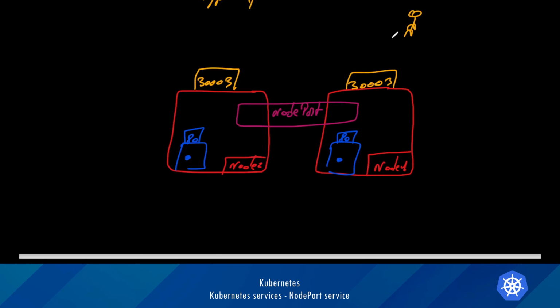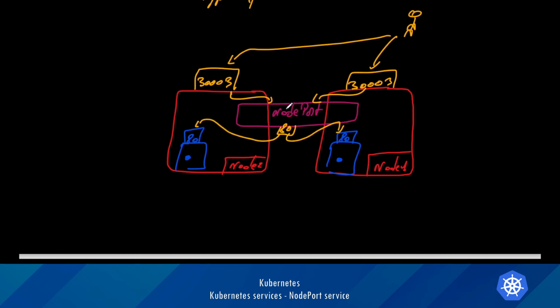So any coming request to the first worker node or to the second worker node on this port will be forwarded through the NodePort service to one of these 2 pods.